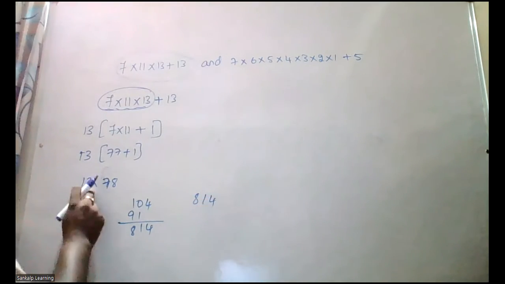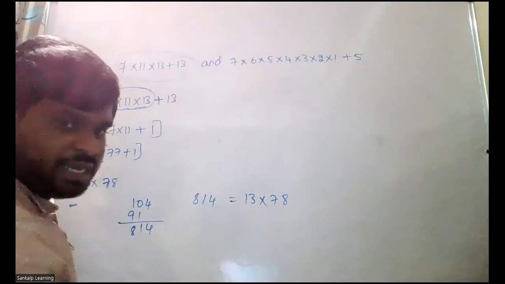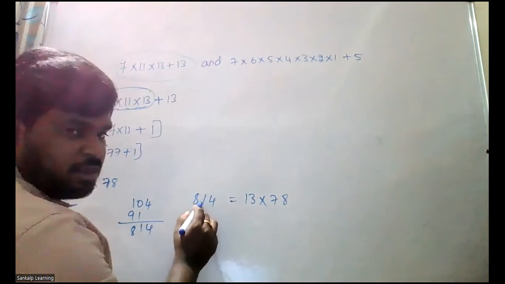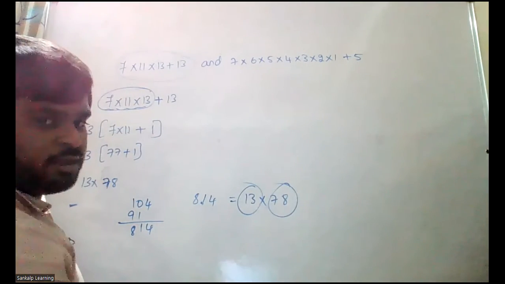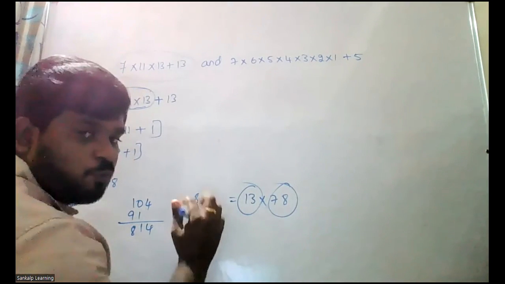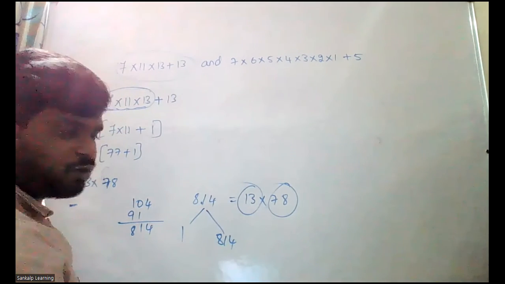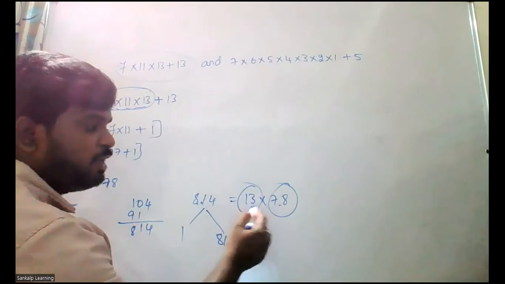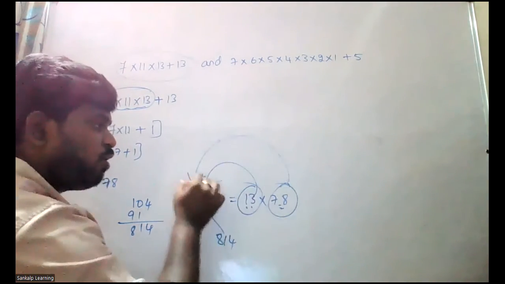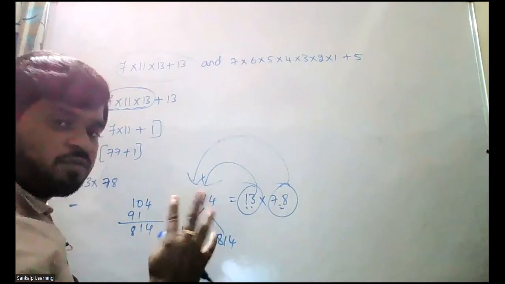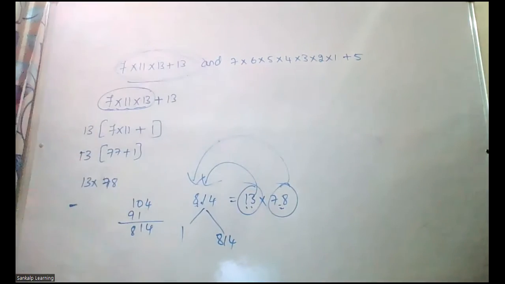Now very clearly 814 can be written as 13 into 78, meaning this number can be divided by 13 and can be divided by 78, which means this has got more than two factors. One is a factor of it, 814 is a factor of it, and it can be written like this. Therefore 13 also divides this, 78 also divides this. Since it has got more than two factors, this is a composite number.